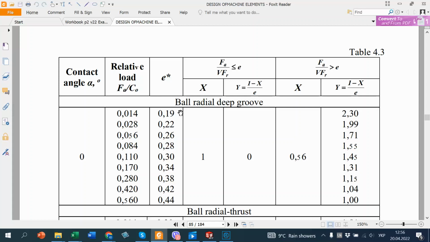If Fa is less than 20% of radial, in such case we can use X 1, Y 0. It means that we use radial load only. We don't take axial into account. But if this value is more than E, X is 0.56, and Y should be calculated according to relative load. But in our case, it's usually X 1, Y is 0.